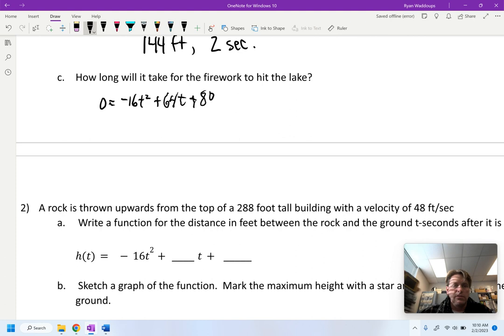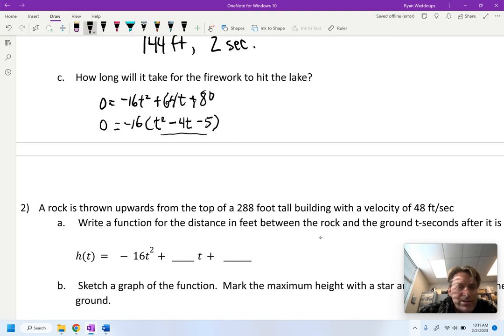So if I factor out negative 16 to make our leading coefficient positive, that's negative 16 times t squared plus, if I'm factoring out a negative, this becomes negative 4t, and then the plus 80, I factor out the negative 16, I get negative 5.